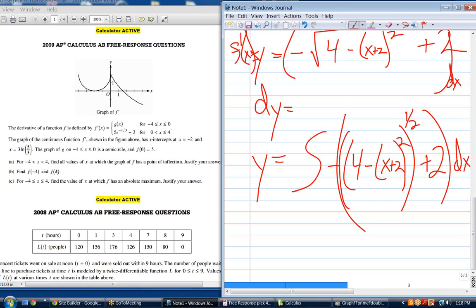Now, once we come up with the original function, let me look at that for a second. Is there an easy way to do that integral? That doesn't look like a particularly easy integral to do.